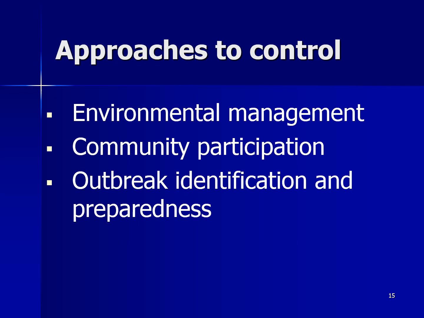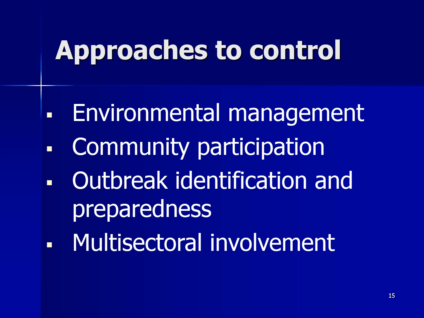I said earlier that we shouldn't wait for the outbreak to occur, but prepare in advance, and there are certain steps of outbreak identification and preparedness. Multi-sectoral involvement, I'm saying again and again, means involvement other than the health sector, with the health sector, but other sectors as well: the agricultural sector, the husbandry sector, the livestock sector, and different types of sectors.